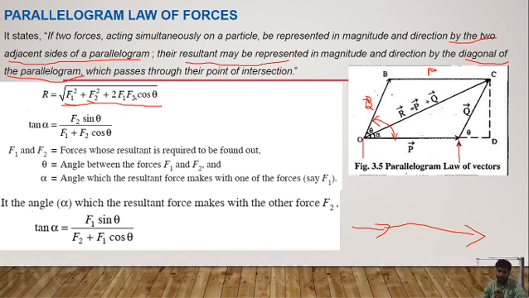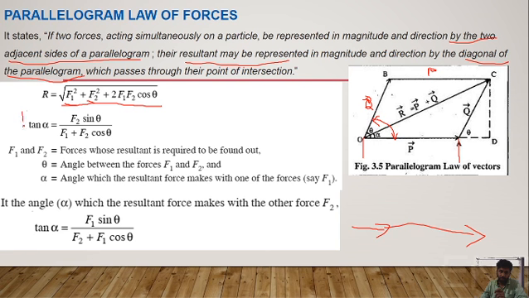So we get F1 squared plus F2 squared plus 2 F1 F2, which is (a plus b) squared, or we can write the resultant equal to P plus Q if theta is equal to 0 degrees. And if theta is equal to 90 degrees, cos theta becomes 0, and the resultant is root of F1 squared plus F2 squared, or root of P squared plus Q squared.